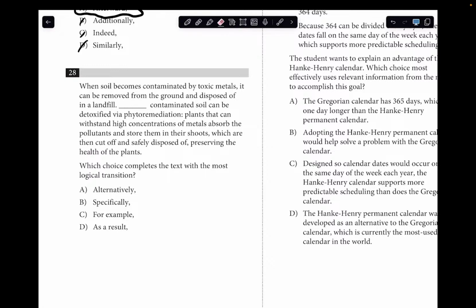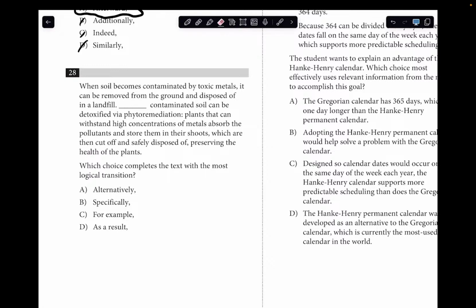So what you can do is take soil and put it in a landfill, or use certain plants that are able to take the pollutants present in the soil, and they have a mechanism by which they're able to remediate the soil and store those pollutants in their root system.